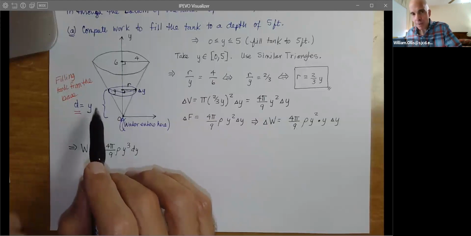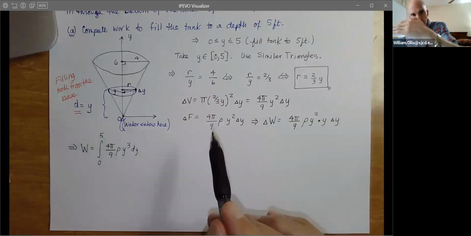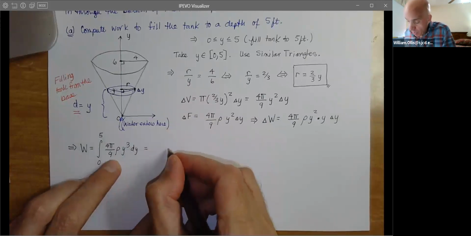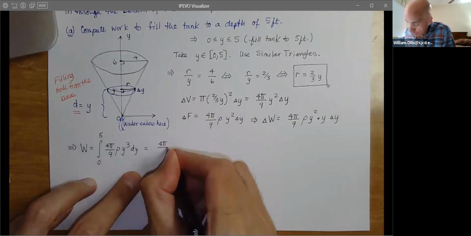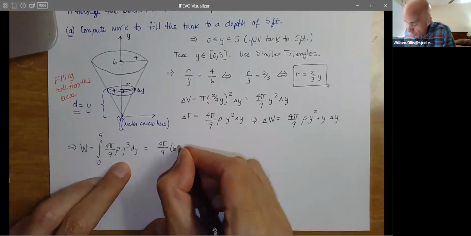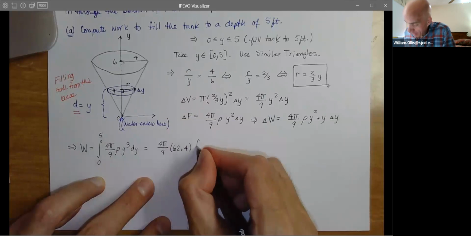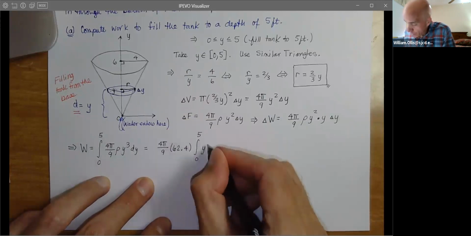So instead of looking from the top down, we're going from the bottom up. So now let's go ahead and factor this. We can remove all of this stuff. So we get 4 pi over 9, and the rho is just 62.4. We have the integral from 0 to 5 of y to the third dy.